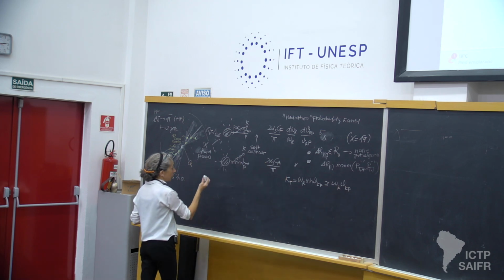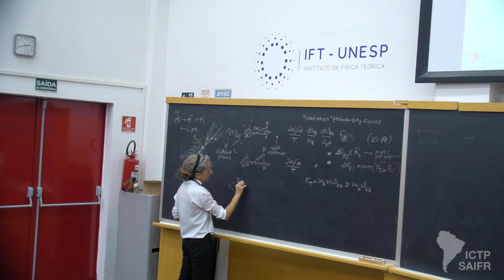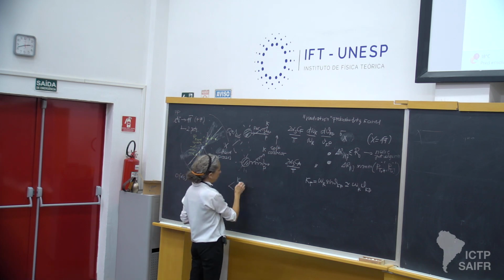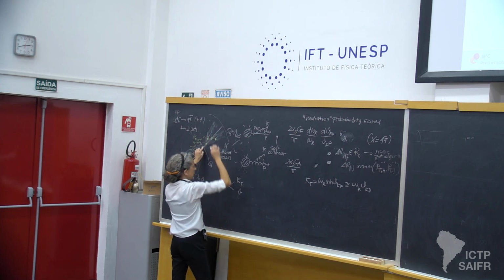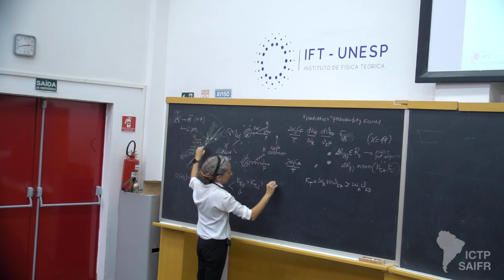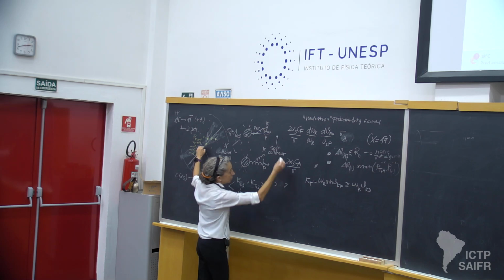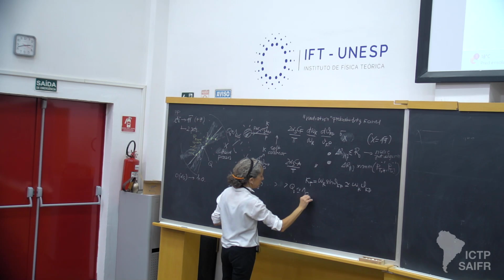Shower algorithms are normally ordered either in KT or in angle. If you order them in KT, it means that at different stages you go from a higher KT, let's say KT1, to a KT that is smaller and smaller, till you get to your Q0, which is of the order of lambda QCD.